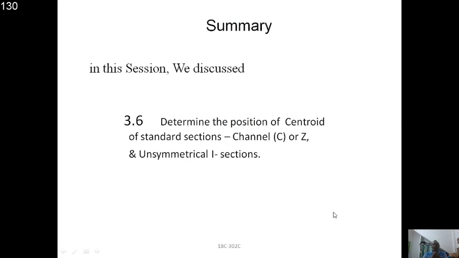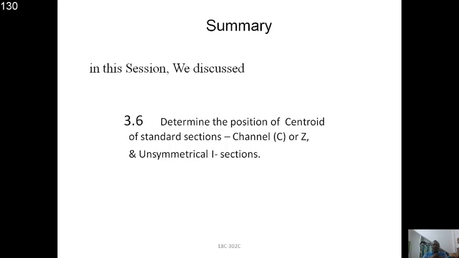Today in this session we discussed how to determine the position of the centroid of standard sections, that is unsymmetrical I sections, channel sections and jet sections.